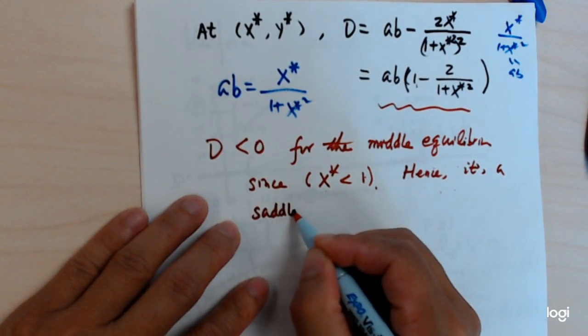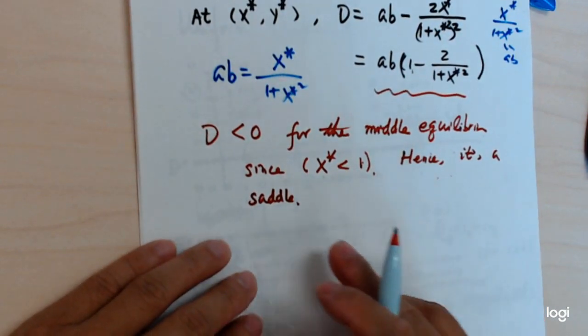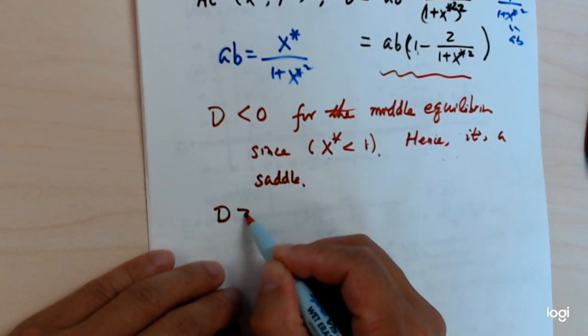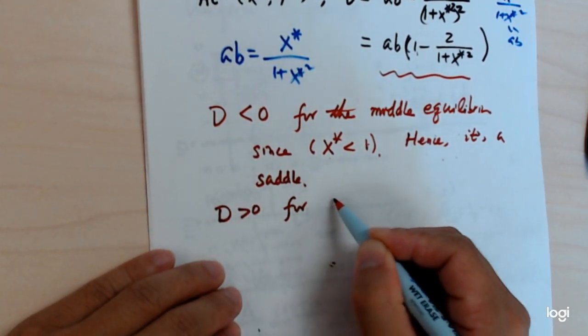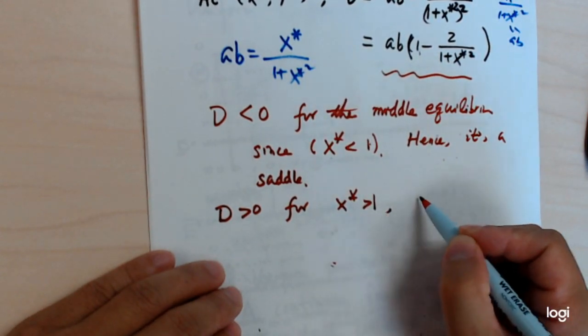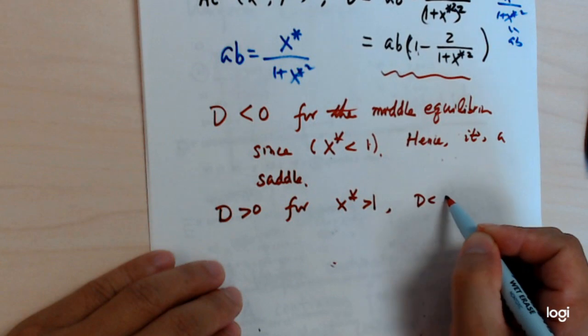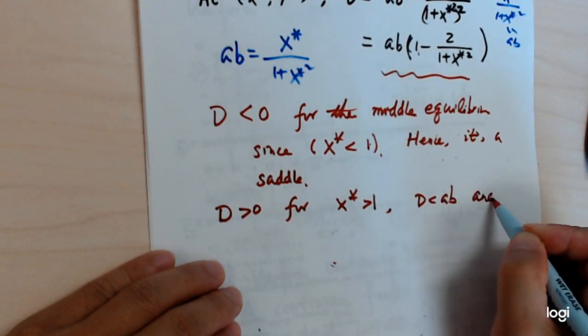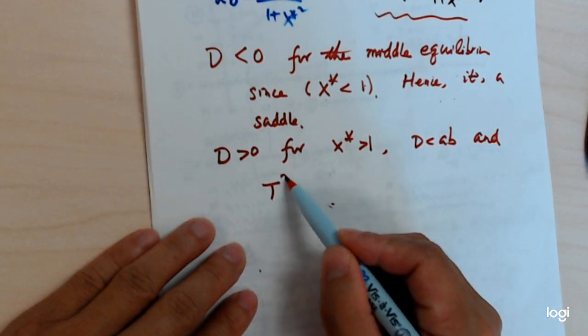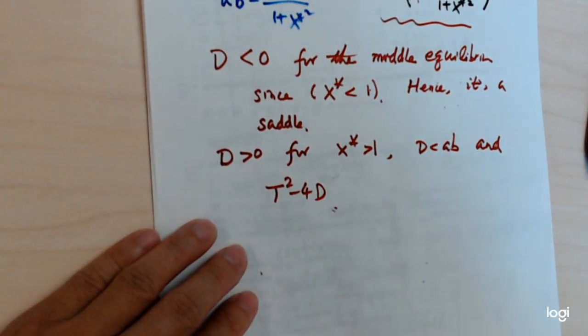Once again, I need you guys to look up the trace determinant form and understand this. D is greater than 0 for x star greater than 1, okay? And also D is less than ab. And also t squared minus 4D, you have to calculate the sign for this.